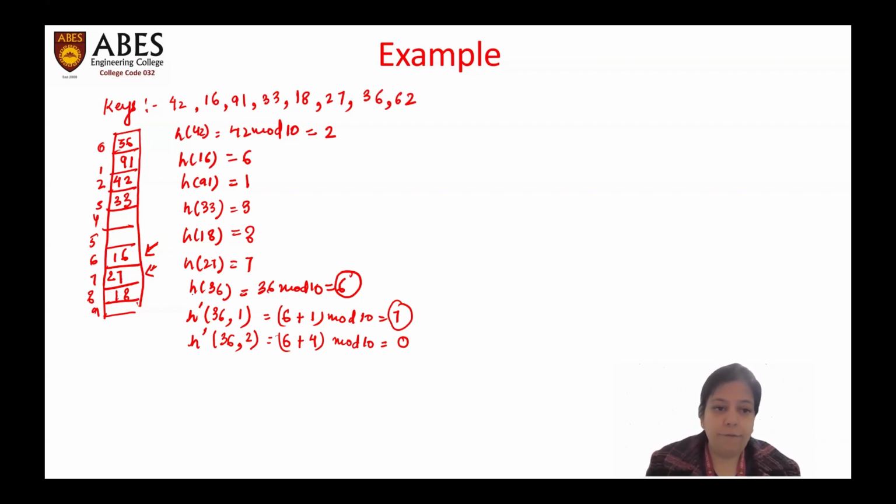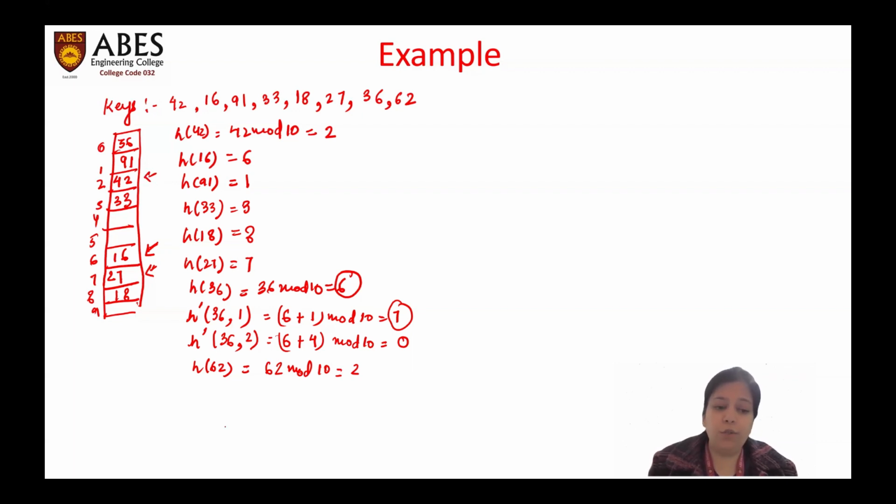Now if we want to store 62, we calculate its hash value, which is 2. And again we get a collision, as index 2 is not empty.